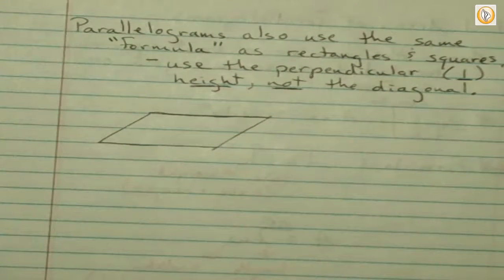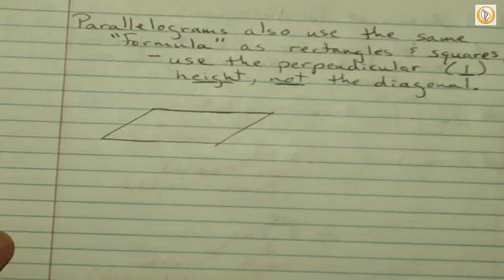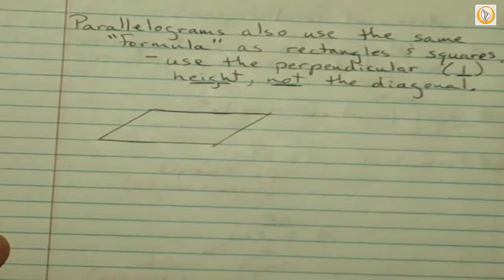There's my parallelogram. Okay, so that looks quite different than the rectangle we just did for a typical square room, or squared up room, correct?